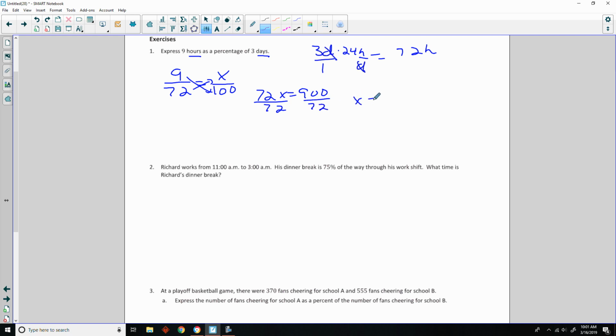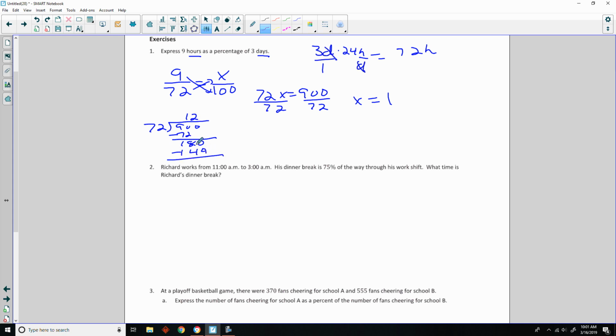And I get x equals 72 goes into 90 once with a remainder of 18. All right, so let me do this off to the side. 72, 900, and 1 times 72, subtract, get 18. 7 times 2 is 14, so it would be 144.